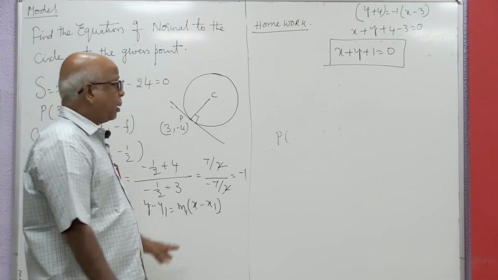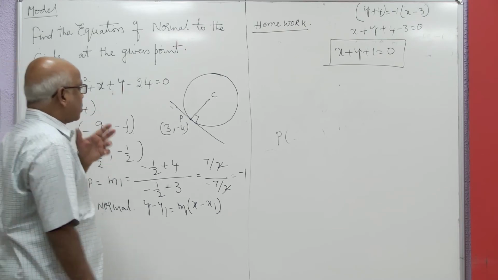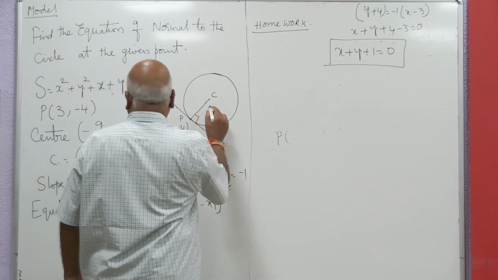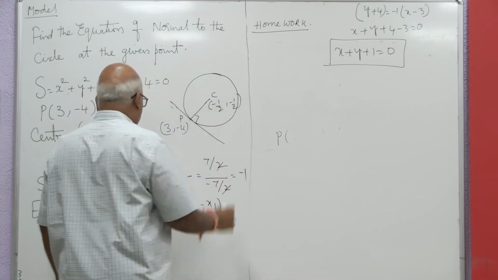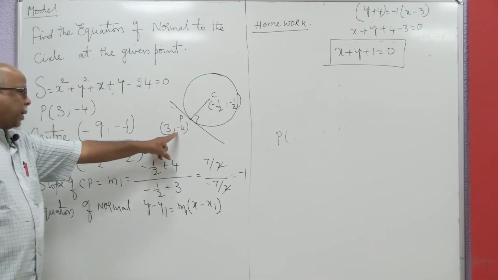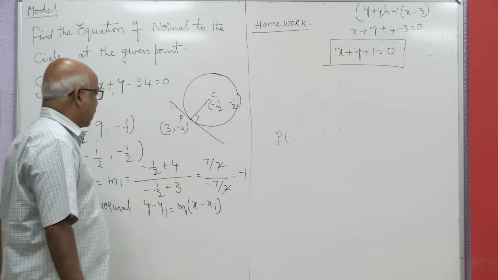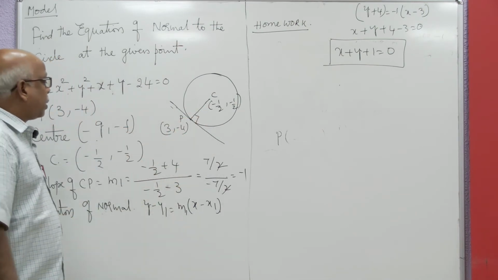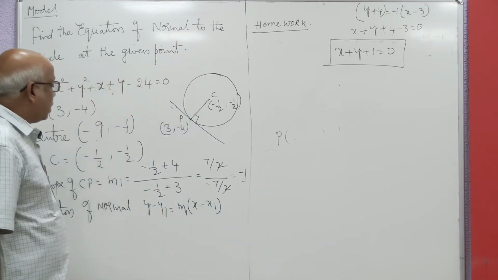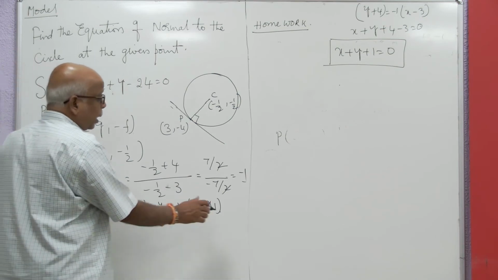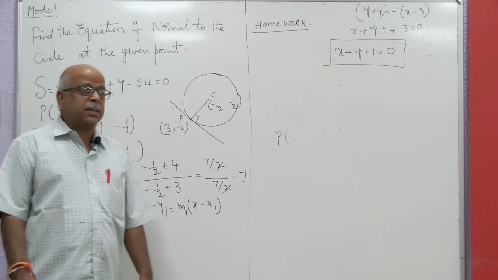Point 3, minus 4. Slope of CP is y2 minus y1 by x2 minus x1. Therefore, by applying the formula, minus 1 by 2 minus (minus 4) by minus 1 by 2 minus 3, 7 by 2 by minus 7 by 2. Slope is minus 1.